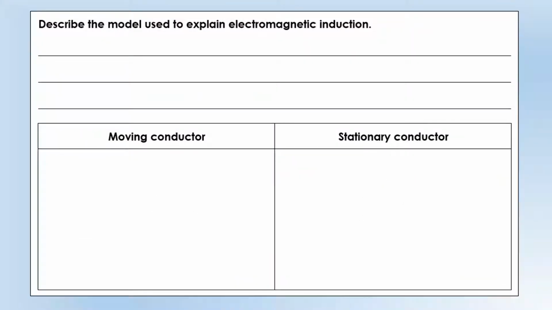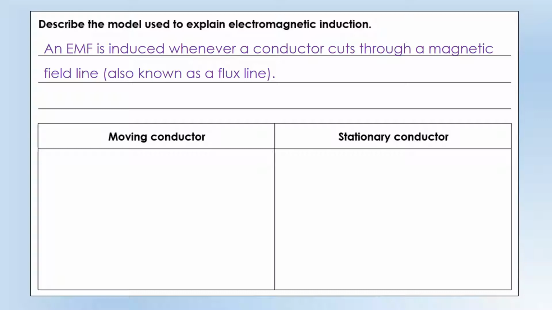So let's describe the model we actually use to explain electromagnetic induction. Essentially the key idea is you get an EMF, or a charge difference if you like, induced whenever a conductor cuts through a magnetic field line, also known as a flux line. And it's key that it has to be a conductor. Why? Because we need the free charged particles.